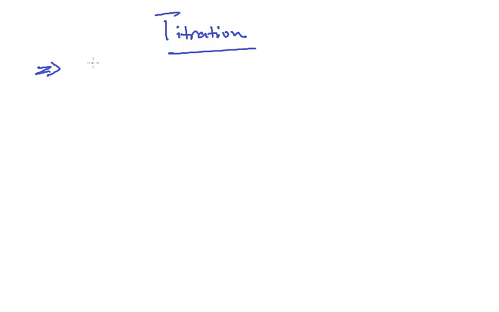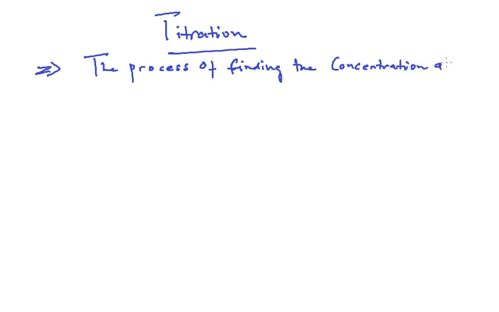Titration, I'll try to give you the definition. Maybe the easiest definition of titration is the process of finding the concentration of an unknown solution by using a standard solution.